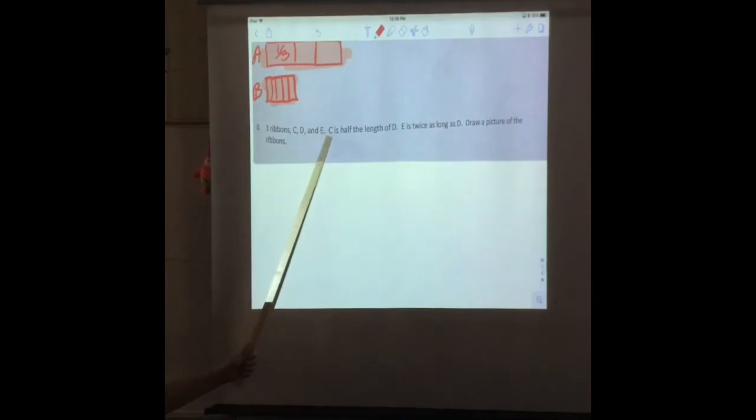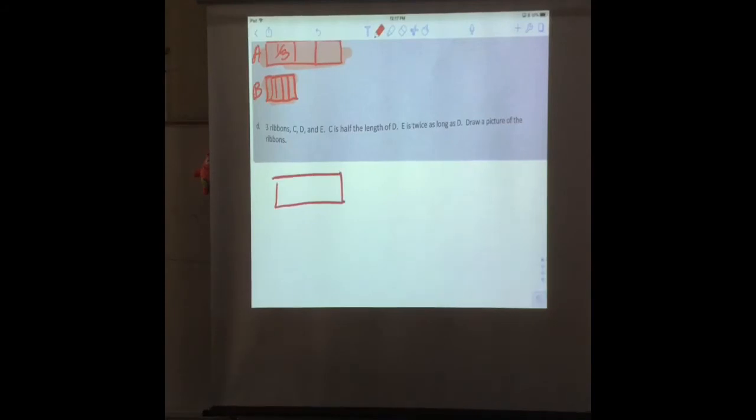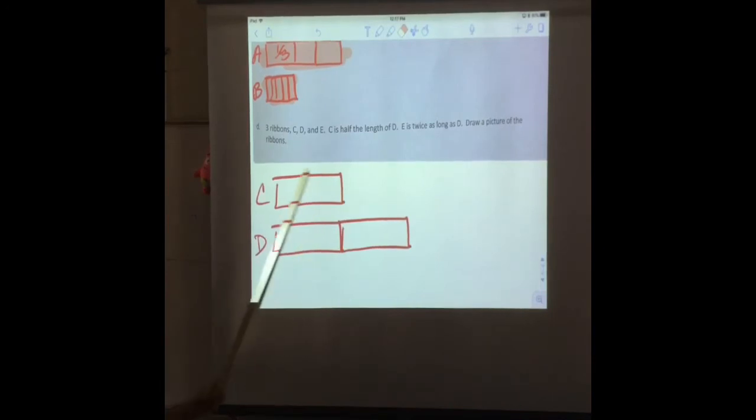D, and E. C is half the length of D. All right, so we have C, and that's half the length of D. So C is half the length of D, right?